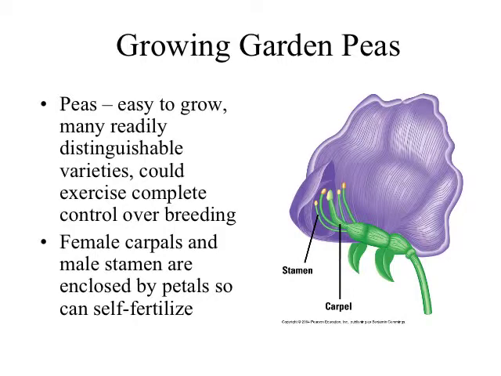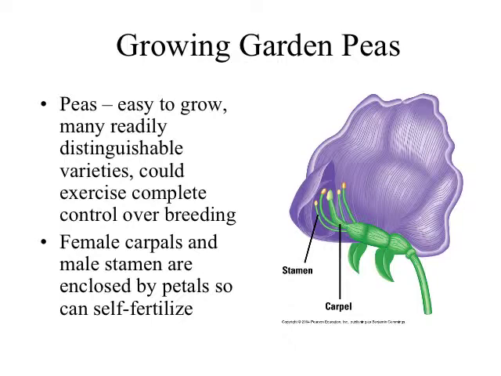So a little background on peas will help us to understand this process a little more. Peas are very easy to grow, and they have many readily distinguishable varieties. We can have pea plants with purple flowers and pea plants with white flowers, or pea plants with green seeds versus yellow seeds.